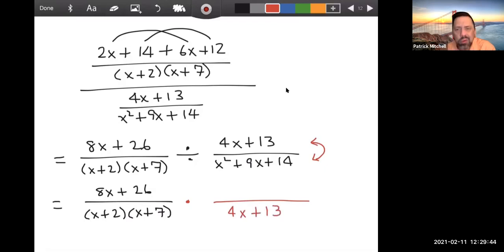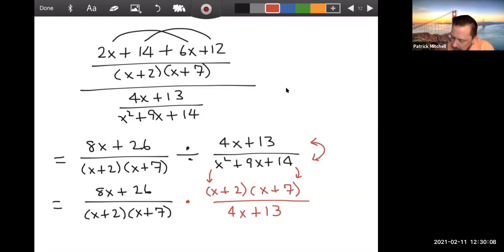And while I'm at it, would it be okay if I factored that x squared plus 9x plus 14? Because to do this multiplication problem, obviously we have to factor. Well, guess what? When you factor x squared plus 9x plus 14, it factors as x plus 2, x plus 7. I think they rigged this problem that way.